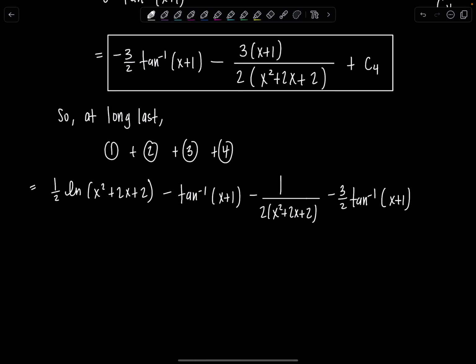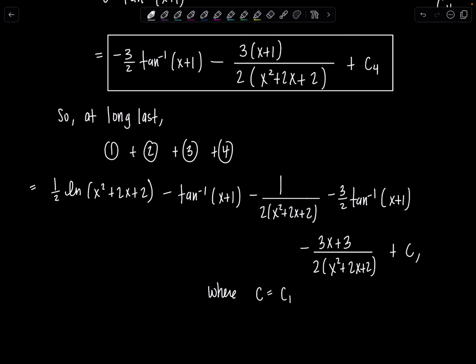I'm running out of room. Minus, and then let me distribute this, 3x plus 3 over 2x squared plus 2x plus 2 plus c, and then you got to tell the people where c equals c1 plus c2 plus c3 plus c4.